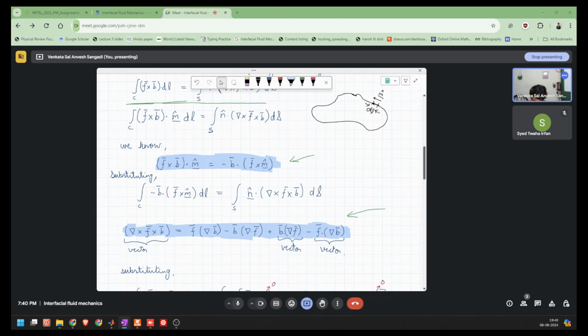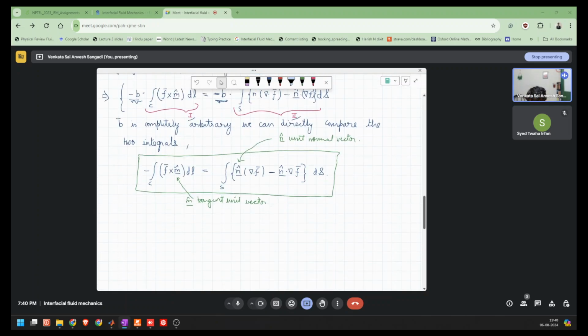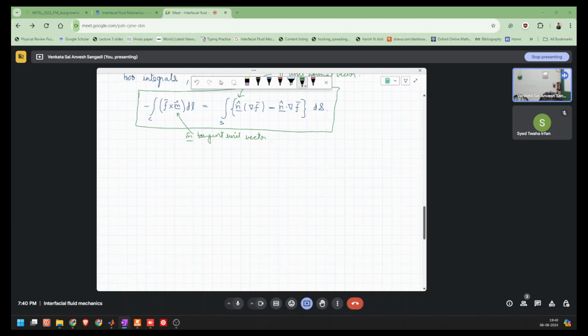So now for f, I will give real values. Let us assume the f vector is equal to gamma times n cap, where gamma is the surface tension.